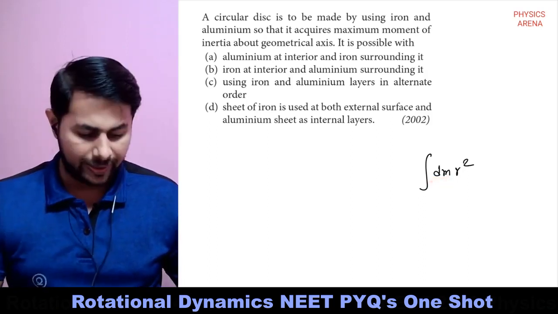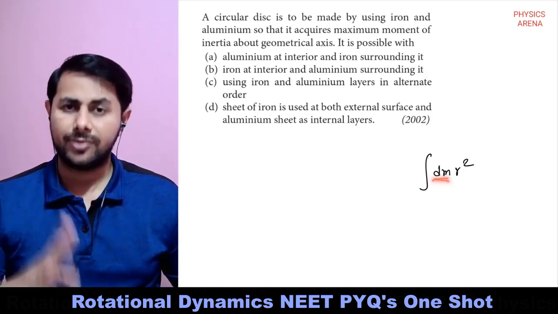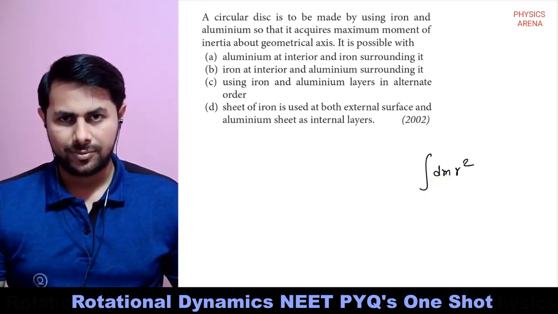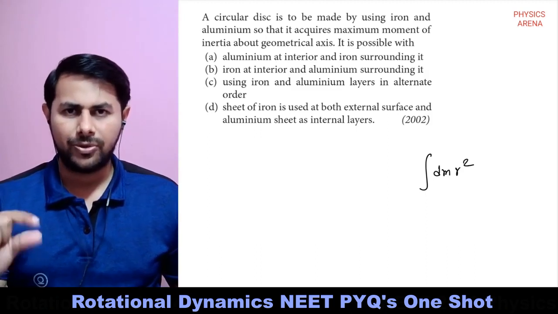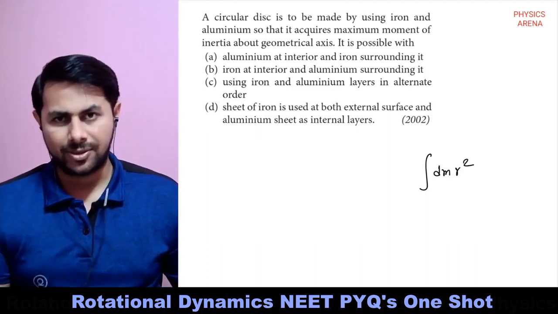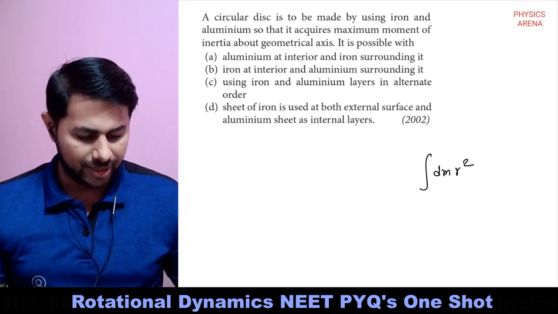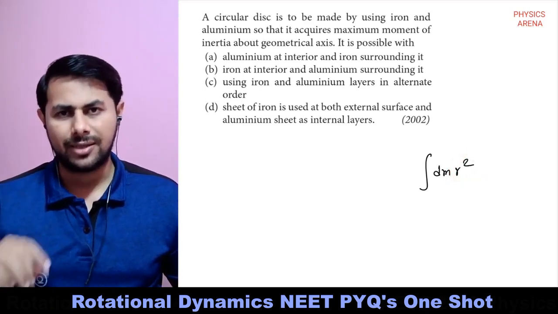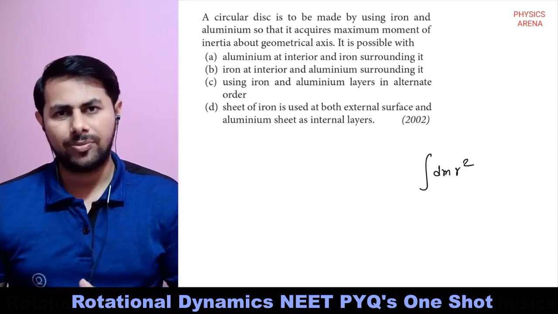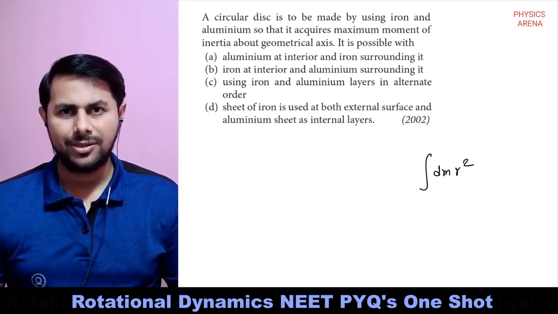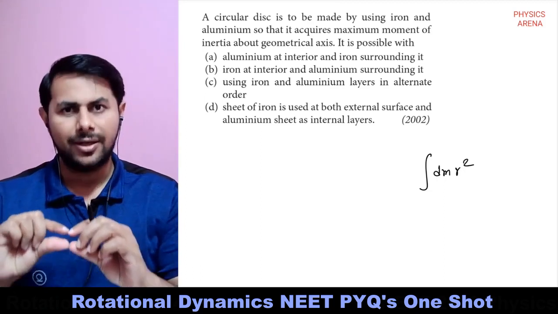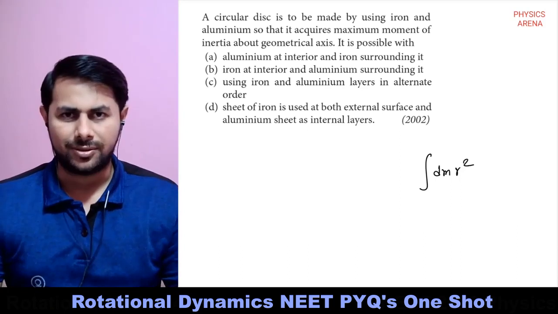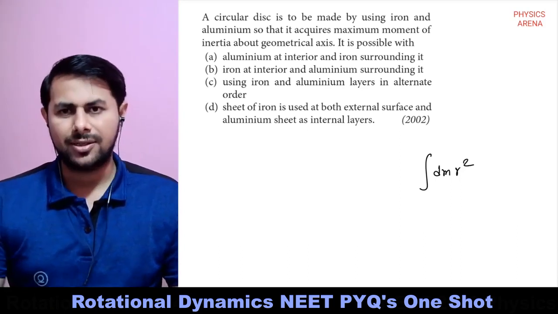So, the farther the mass is from the axis of rotation, moment of inertia would be more. Okay, so if you keep heavier mass away from axis of rotation, because it's directly proportional to r raised to 2, the moment of inertia will be more, and that means you have to keep iron away from axis of rotation and aluminium closer to the axis of rotation. Okay, so which is the answer out of this?